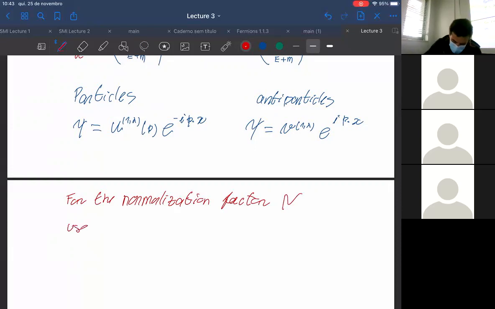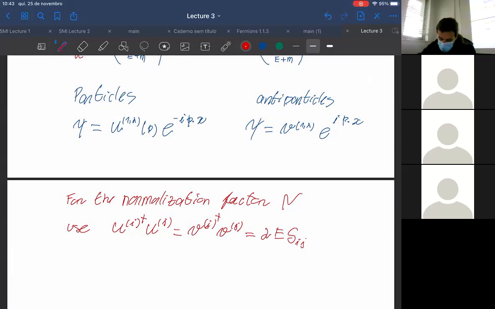We use this thing like u_i dagger u_j equal to v_i dagger v_j, and it's normalized to 2 times the energy, and of course delta ij.